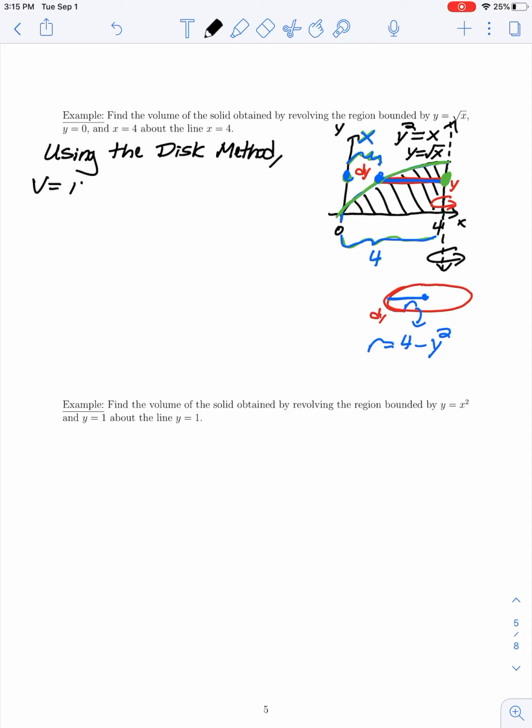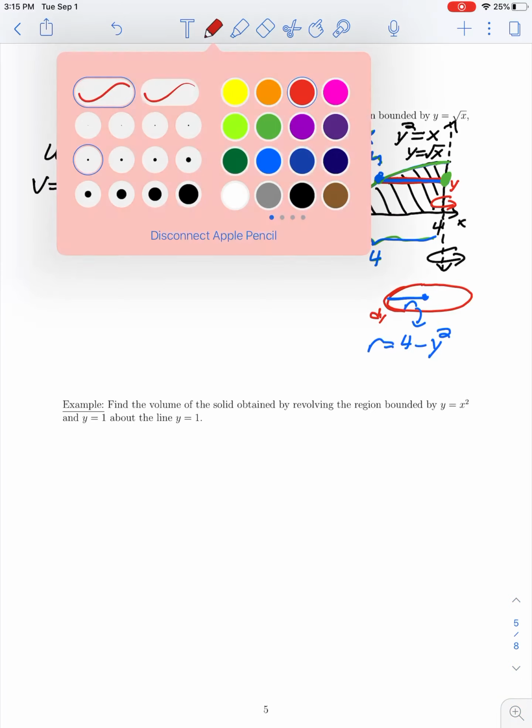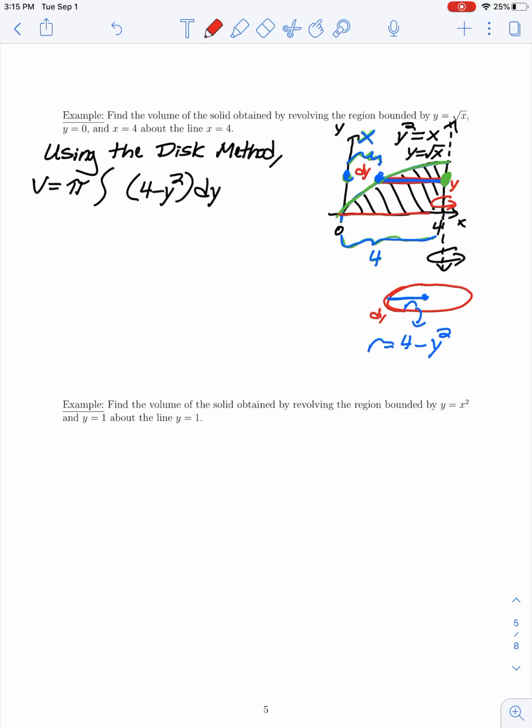So our volume is found by integrating pi times the radius squared. Now here, the radius of our disk was given by 4 minus y squared. We're integrating with respect to y, since we were taking little horizontal slices of thin width dy. And let's think about the limits of integration here. Our lower boundary for y was the x-axis, or y equals 0, and we can take points up until this value for y.